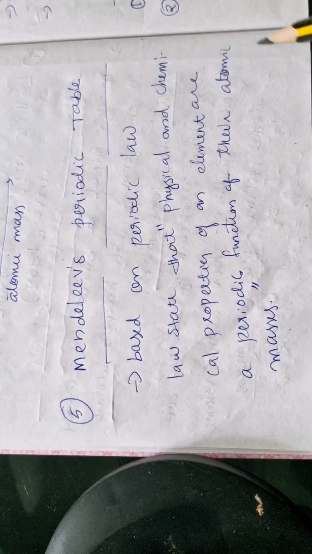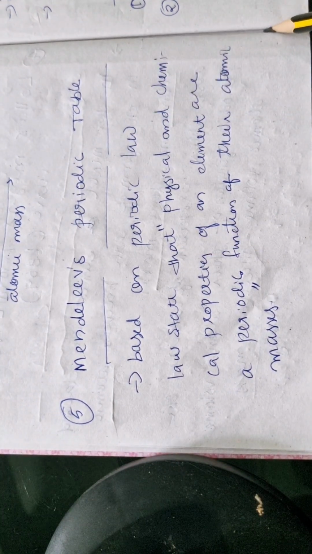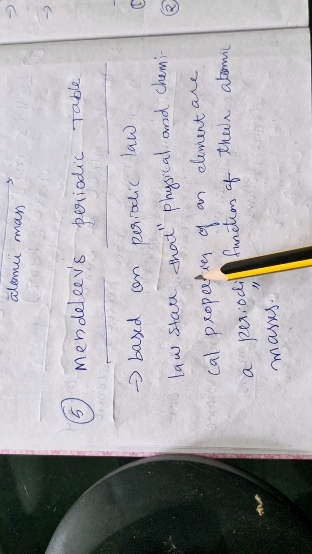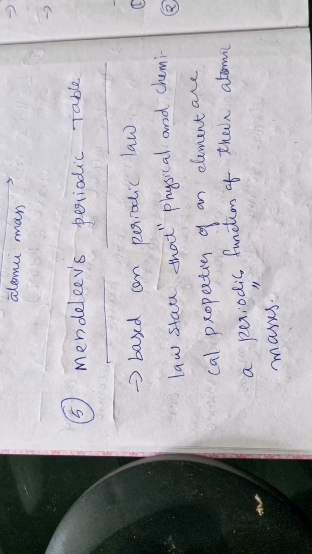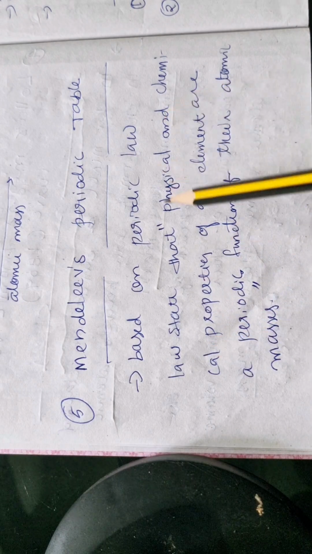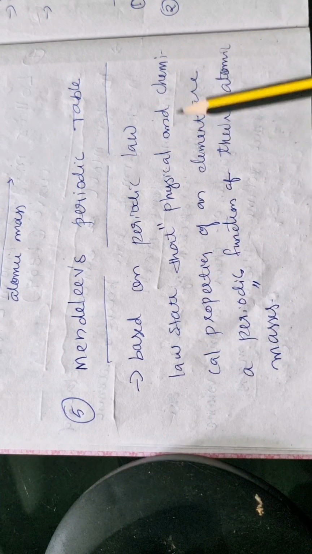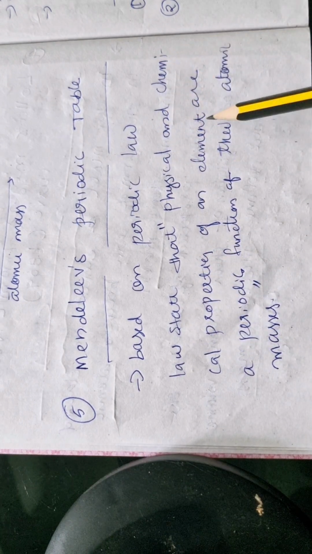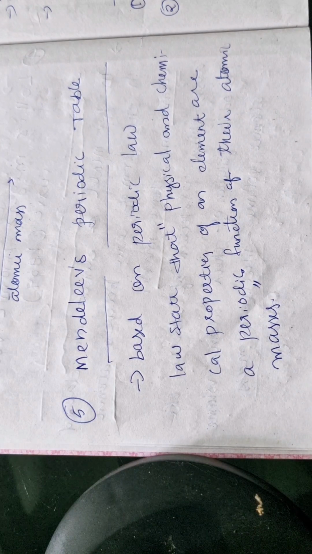The next theorem is Mendeleev's periodic table, and this theorem is based on the periodic law. What is the periodic law? It states that the physical and chemical properties of an element are a periodic function of their atomic masses.